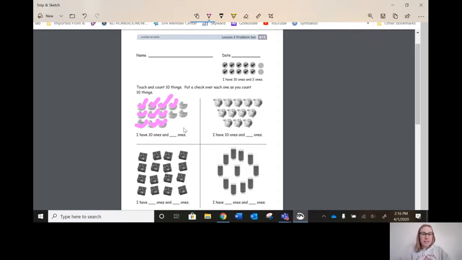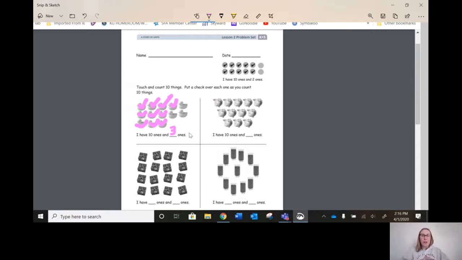All right, so there's our group of 10 right here, and we already say we have 10 ones right here, but how many do we have left over? Let's see. Here we go. 1, 2, 3. So what number do you think we're going to write in the space? We need to write the number 3. So now it says I have 10 ones and 3 ones.